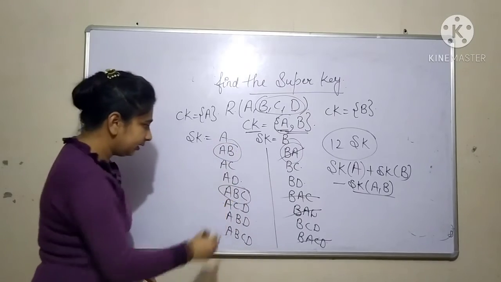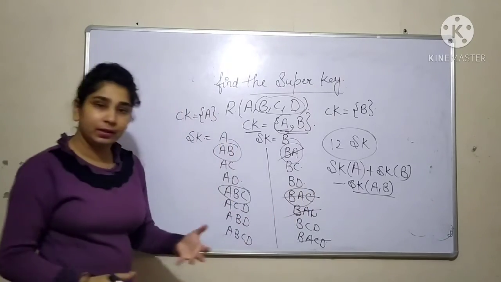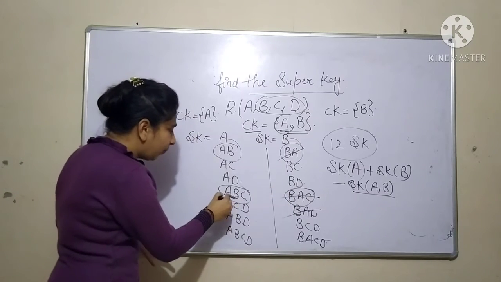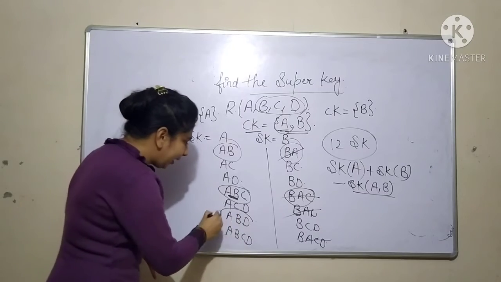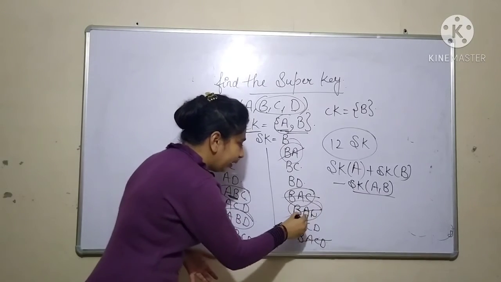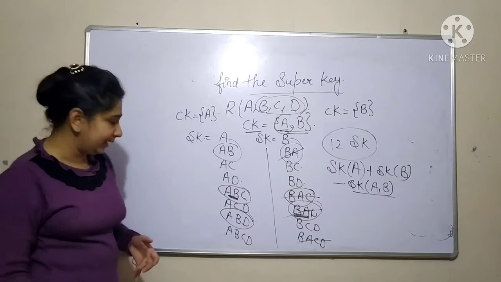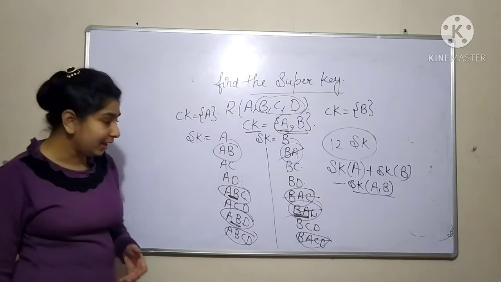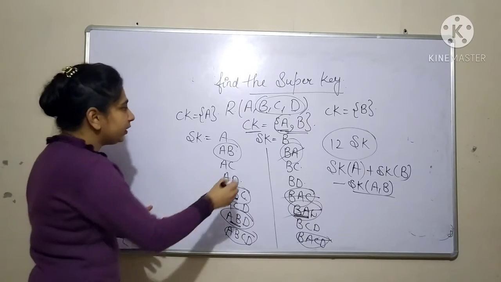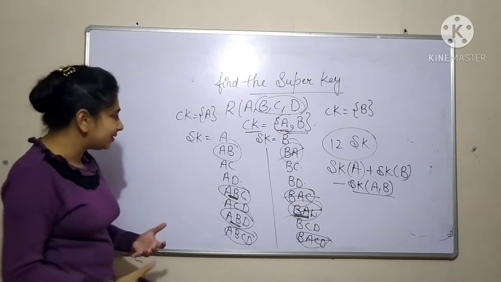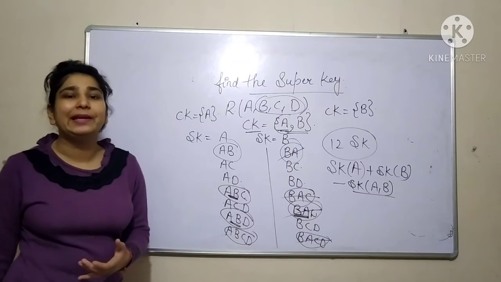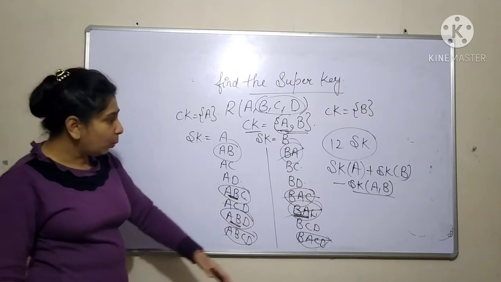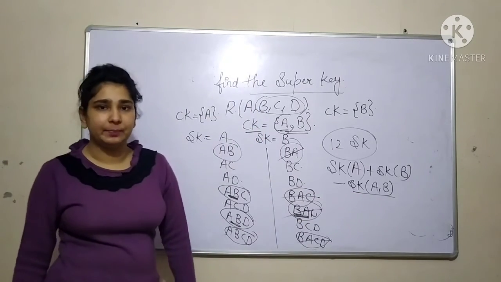ABC and BAC: in both these super keys we have a common AB. Look at ABD and BAD, AB is common, and ABCD, ABCD. So all the keys in which AB is present were duplicated. We had those keys two times, so one time we subtract.